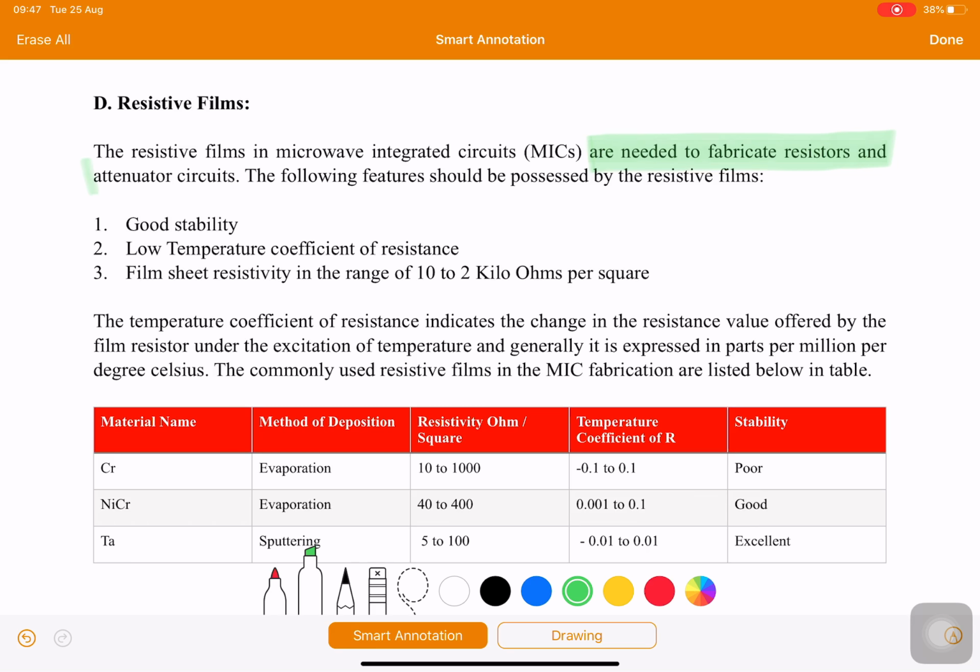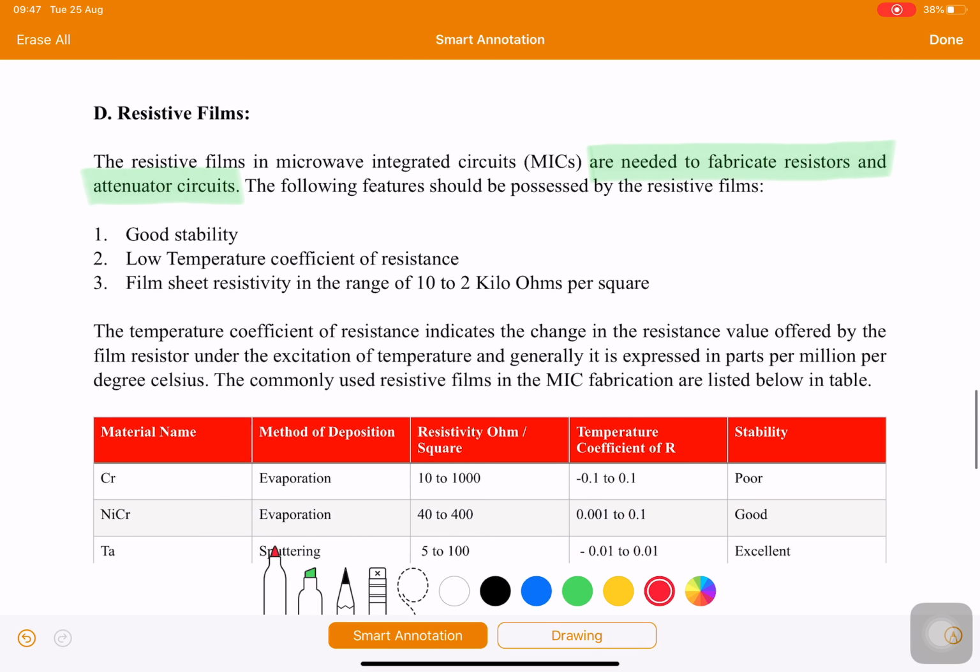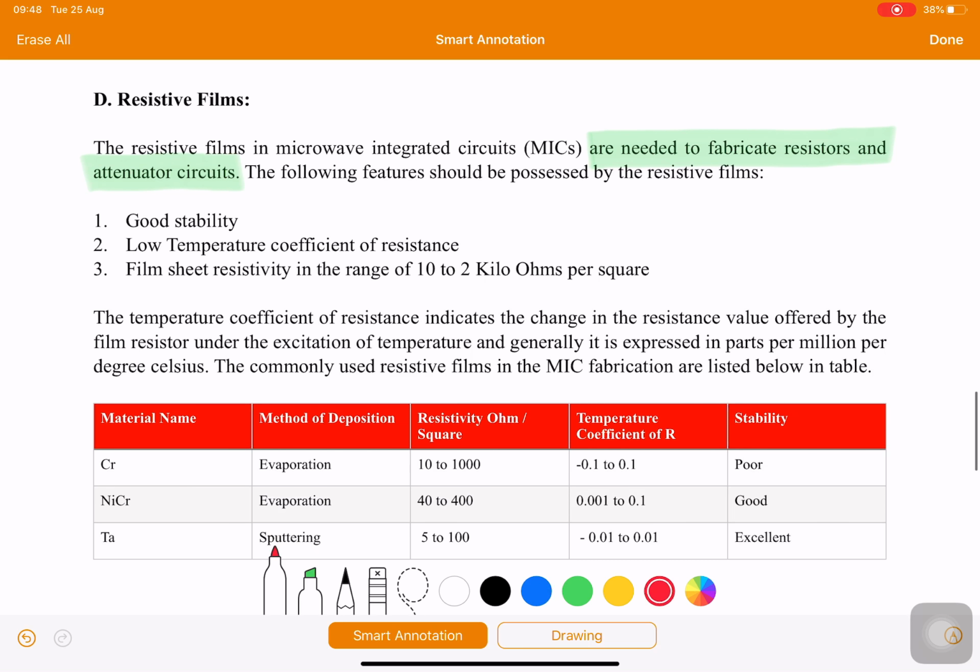We use resistive films in the microwave integrated circuit in order to fabricate different values of resistors and attenuator circuits. Again, the resistive films we use in the construction of microwave integrated circuits should possess certain essential properties.